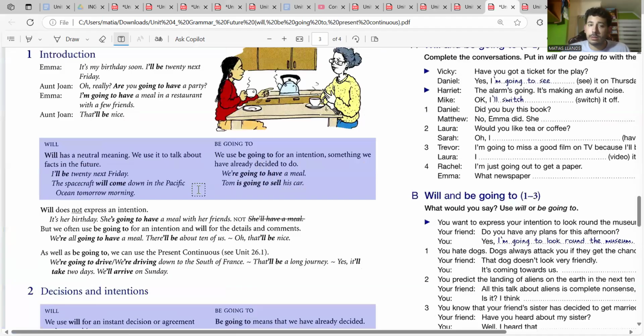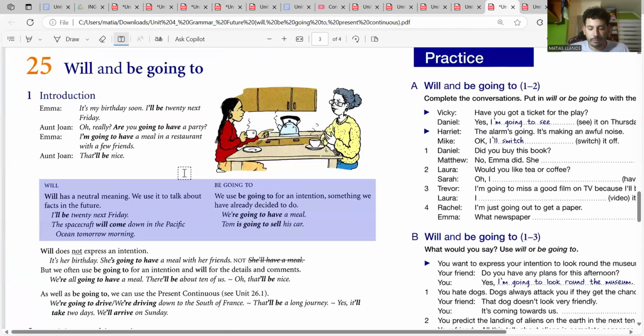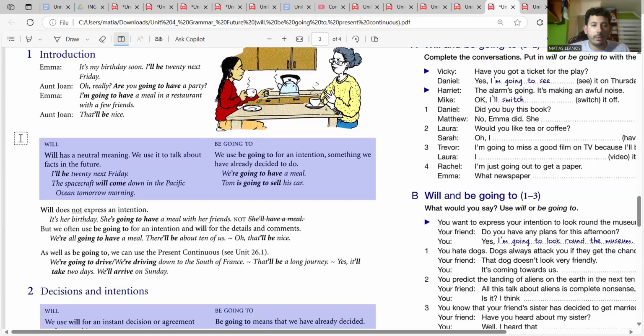And it's the comparison of "will" and "be going to." Here we have an introduction, but basically "will" has a neutral meaning. We use it to talk about facts in the future. The difference with "be going to" is that we use "be going to" for an intention of doing something that is decided for us.